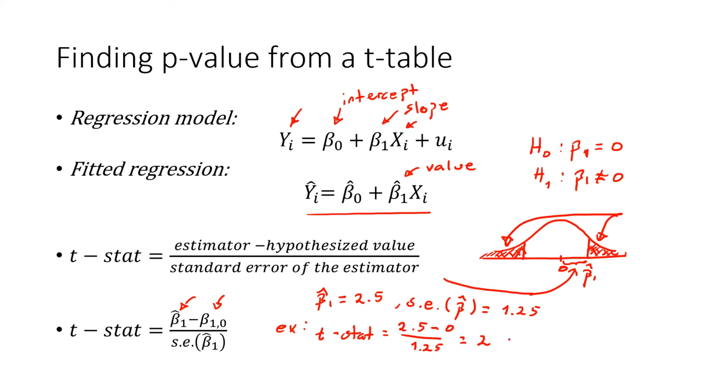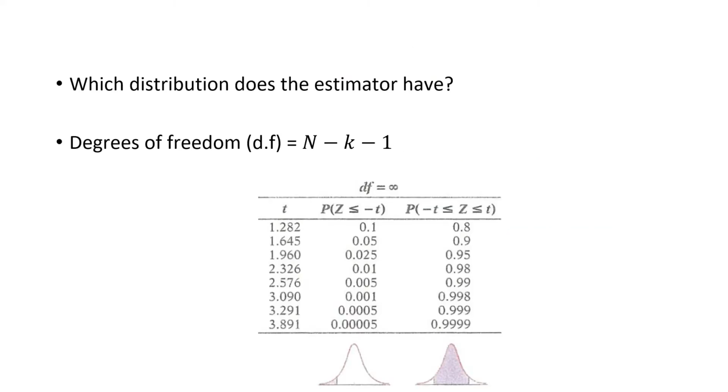What is the probability of getting a result more extreme than this? Which leads us to the question, which distribution does the estimator actually have? It turns out that the estimator is distributed by the student t distribution.